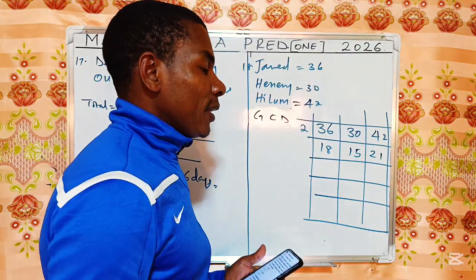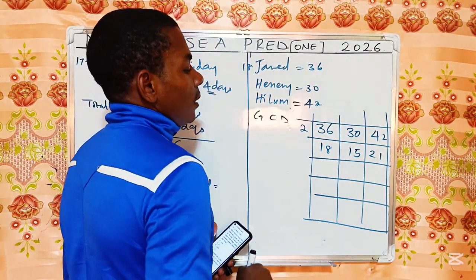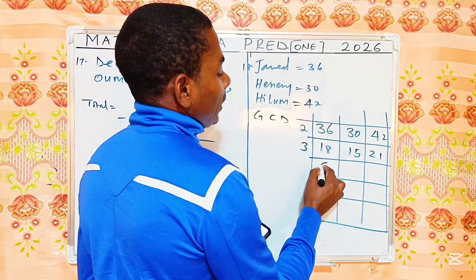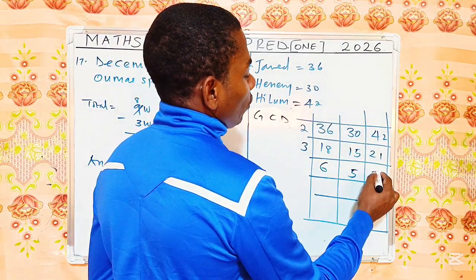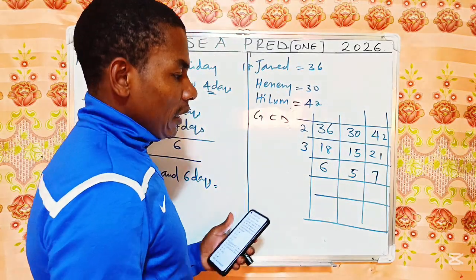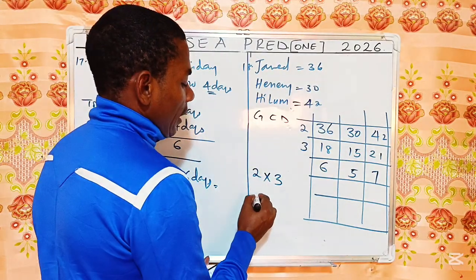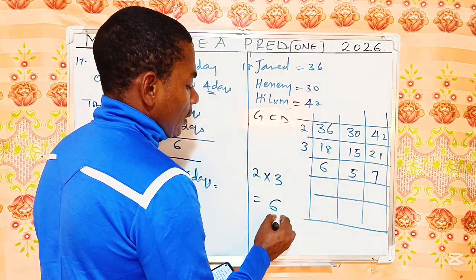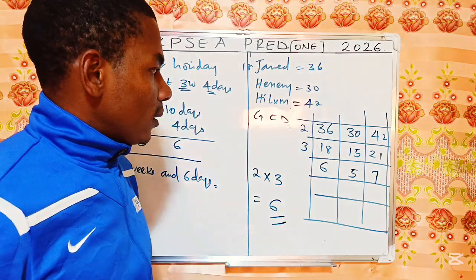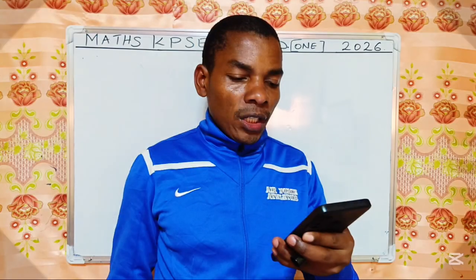So the next number that can divide these 3 numbers is 3. Here we get 6, here 5, here 7. So we can't divide these numbers again. So we get 2 times 3, then the GCD is 6. Question 19.